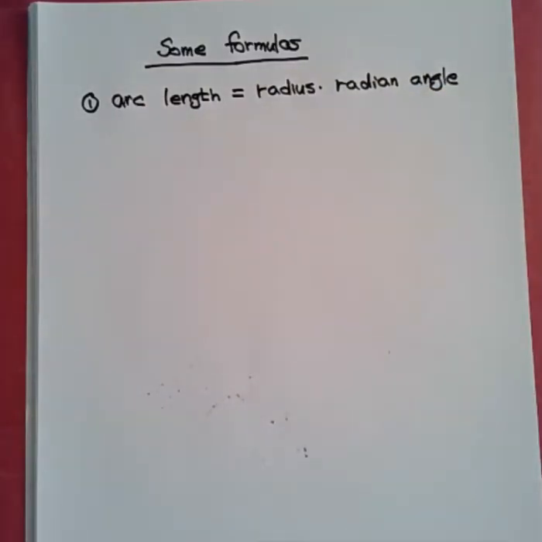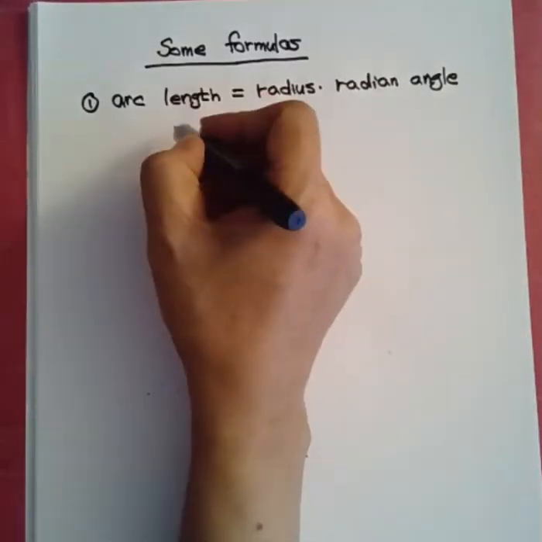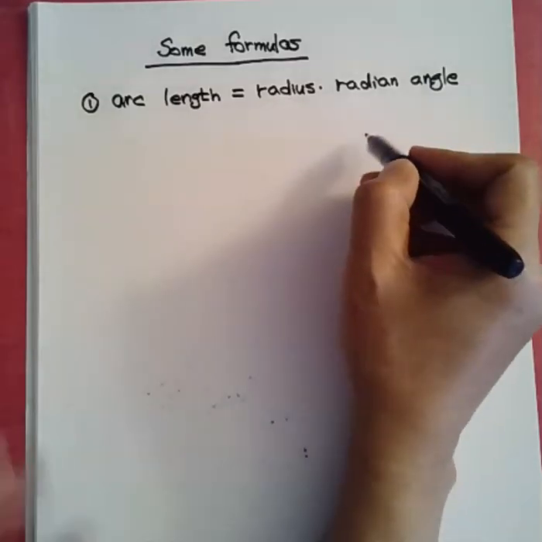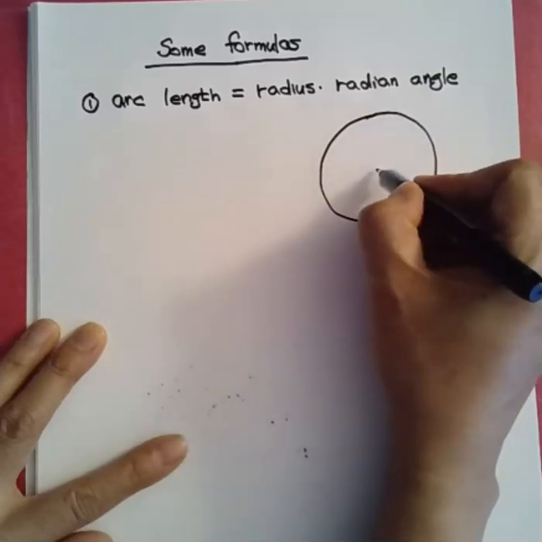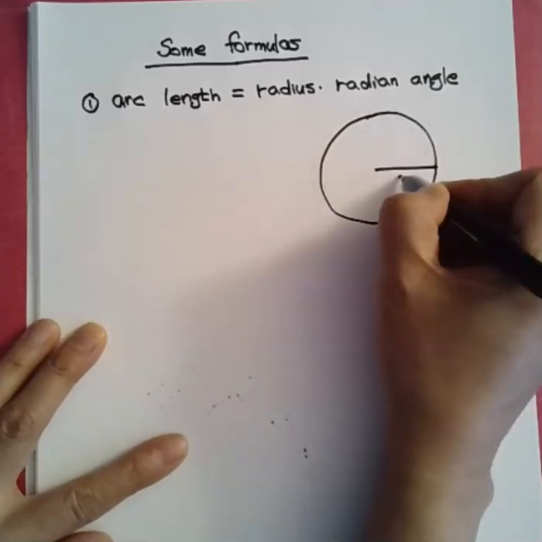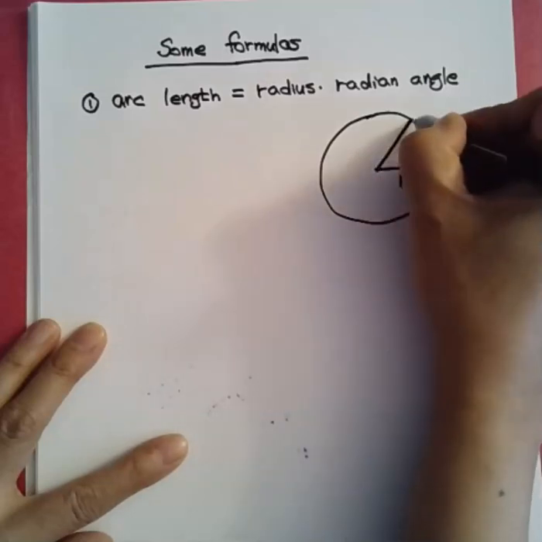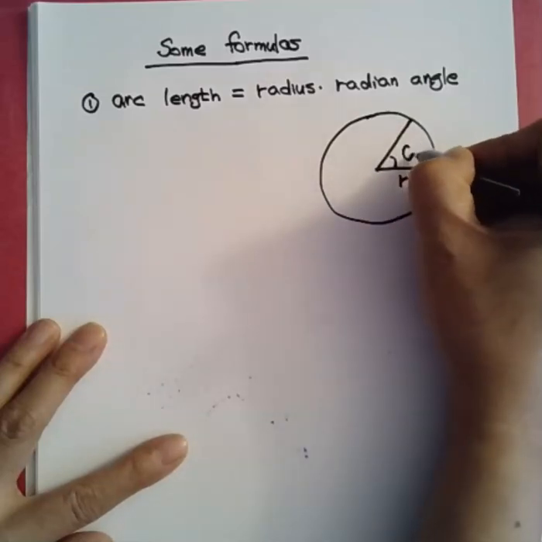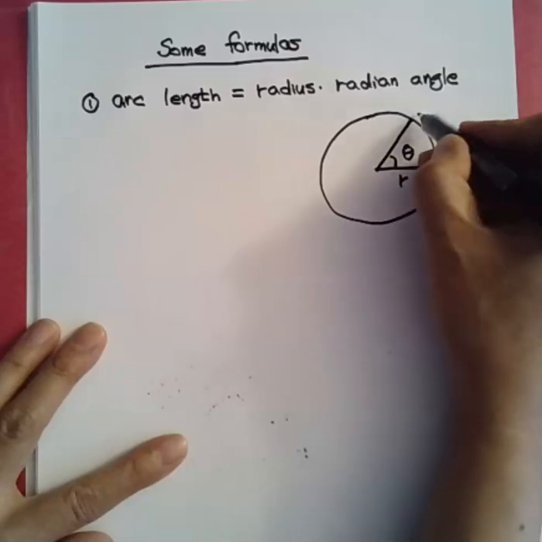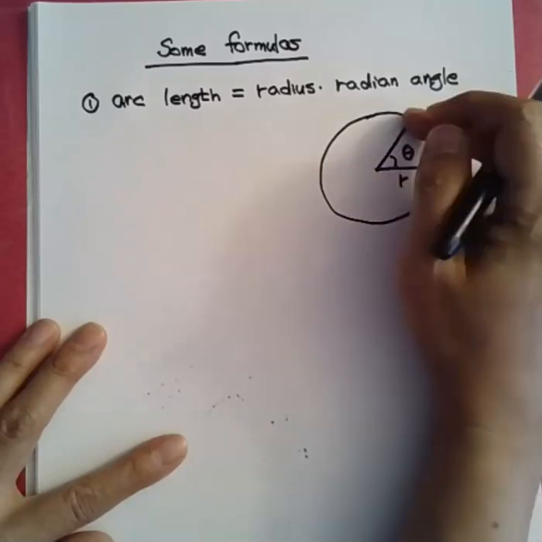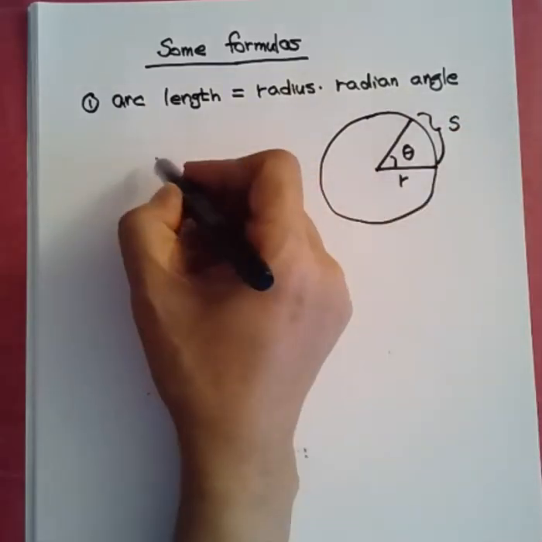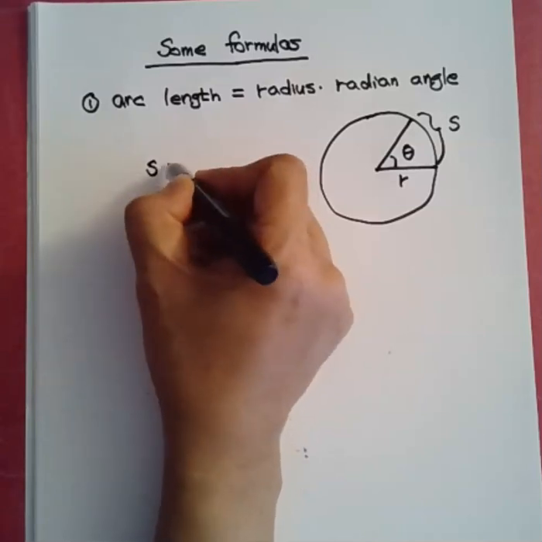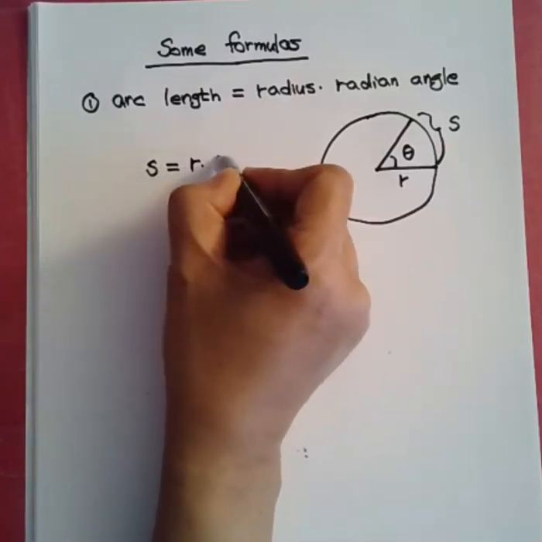Whenever we state the formula, we tend to use radian angle. Let's visualize. We have a circle here. This is a radius. We are thinking about this measurement, theta in radian. We want to think about the length between this point and this point. Let's denote that as S. Then arc length formula can be written as S equals R times theta.